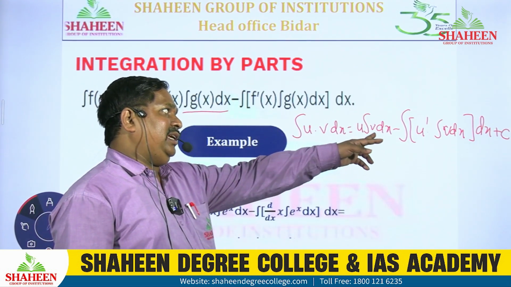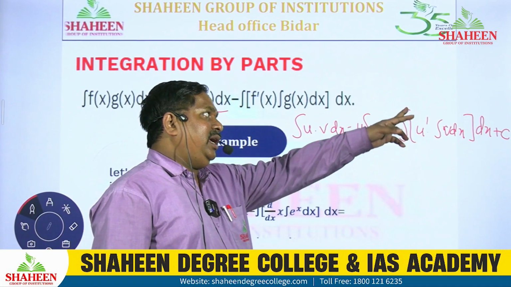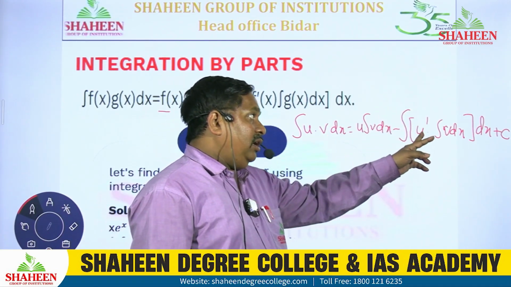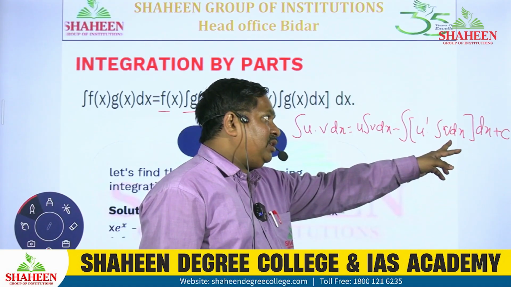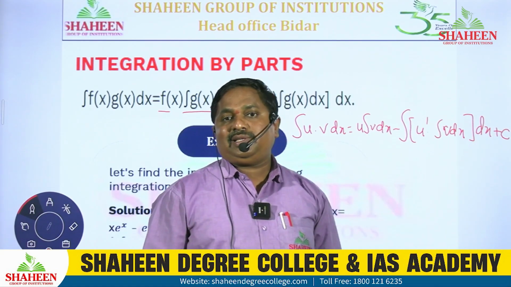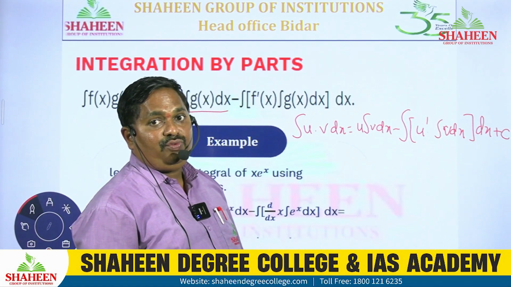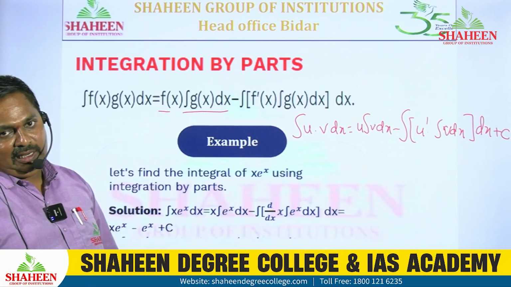That is, u as it is times the integral of v, minus the integral of the derivative of u times the integral of v dx, plus c. This is the u v formula in integration.